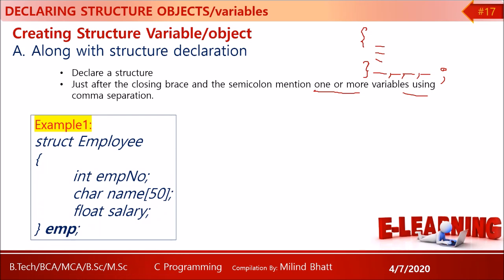So here is an example. Struct employee. This has three members: employee number, name, and salary. Just after closing the structure, before the semicolon, I am mentioning the name of my object in between the closing brace and semicolon. This is one of the ways.